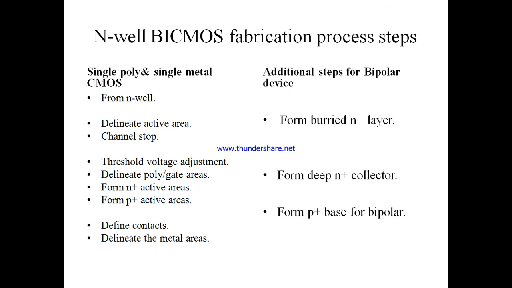That is, first step is to form the N-well, next form the buried N plus layer, then delineate the active area and channel stop, threshold voltage adjustment, form the deep N plus collector, delineate poly and gate areas, form N plus active areas, form P plus active areas, and form the P plus base for bipolar, define the contacts, and delineate the metal areas.